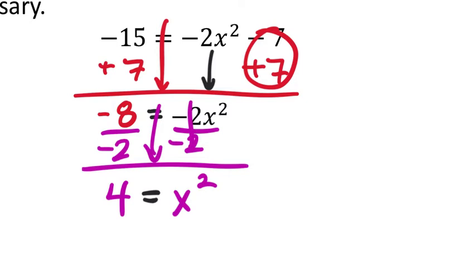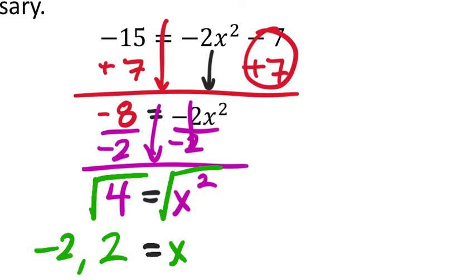And now that I got the x squared isolated all by itself as a coefficient of a phantom 1, nothing added or subtracted to it, I'm now ready to square root both sides. So this will give me an x value, which equals the square root of 4. That's perfect square for 2, but also negative 2. Right? Negative 2 times negative 2 is 4. Both of these check off. And we now have the 2 solutions for our original equation. Let's go back and check, right?